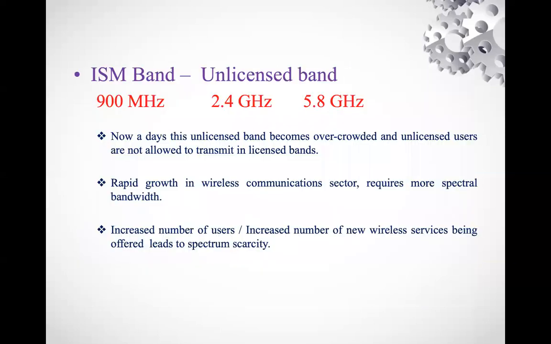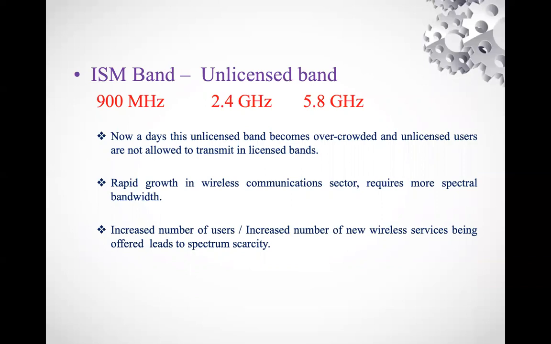So, what is the difference between licensed and unlicensed? If you consider licensed frequencies, those frequencies are allocated for a particular person or service. Those frequencies are purchased by that particular person or service.